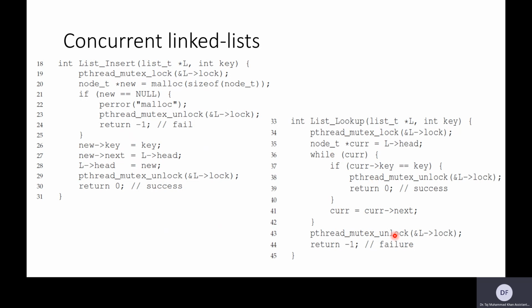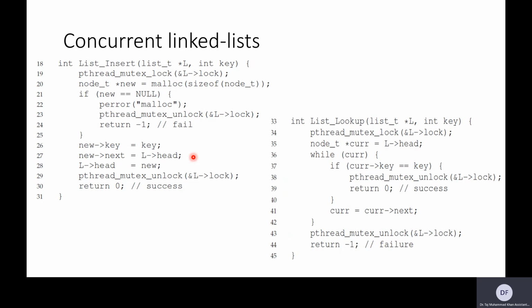And similarly, if there is a delete function from the linked list, then it would have the same protocol. We would first acquire the lock, then we would access the list, delete our desired element, and then release the lock. So by using a lock, we are ensuring that only one thread is able to access the linked list and modify its data structures and contents at any given time.